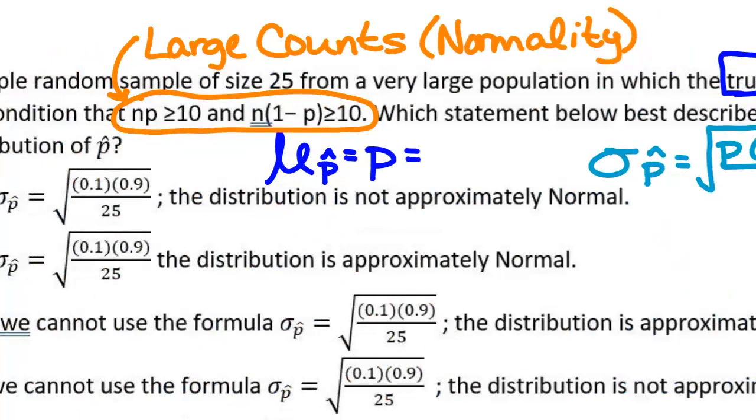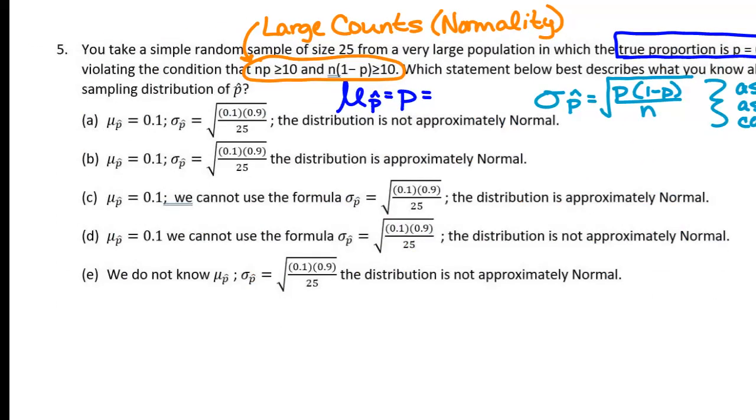All 3 of these pieces are essential if we're going to use normal CDF. We have to know the mean, we have to be able to calculate the standard deviation, or we have to be told the standard deviation, and we have to know that it's approximately normal. Not knowing one or all of those pieces, we can still determine certain things about the sampling distribution, but we can't calculate probabilities from that.